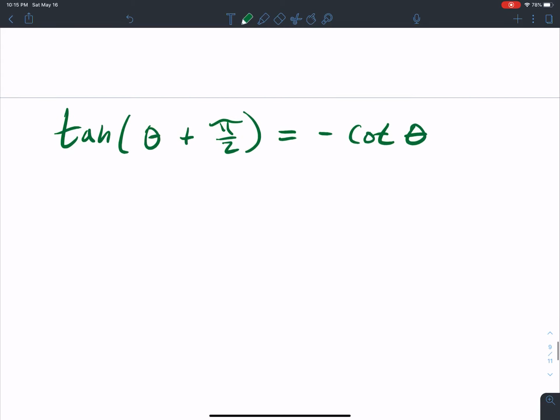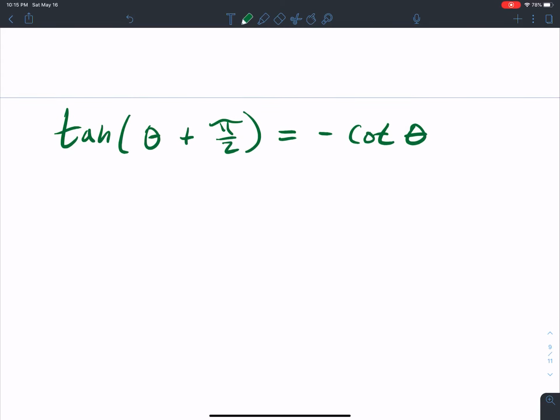Try it out. Tangent theta plus tangent pi over 2 over 1 minus tangent theta tangent pi over 2. Okay, let's think. What is tangent of pi over 2?